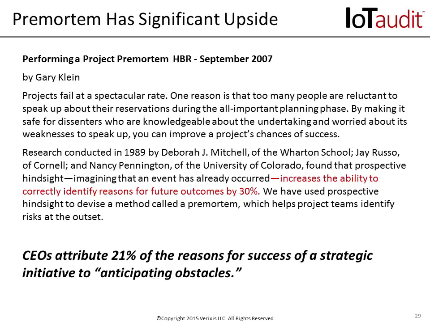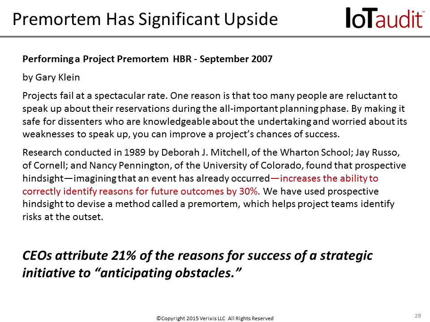So this work was then predicated on some of the work done by Deborah Mitchell in 1989 at the Wharton School, and Jay Russo, Cornell, and Nancy Pennington, University of Colorado, as some of the fundamental background research around pre-mortem. In their surveys, they found that it increased the ability to correctly identify reasons for future outcomes by 30%.